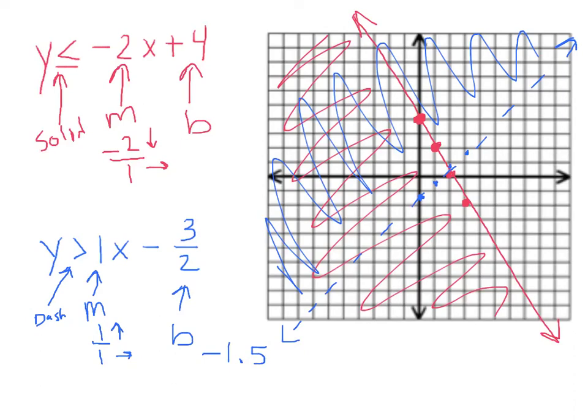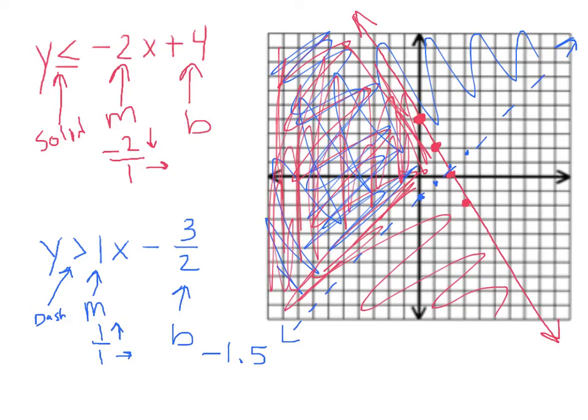Now we have both inequalities graphed on the same graph, which makes it a system since it's two or more, and the solution is anything in the double shaded region. You can see where my red and blue come together, right in here is my double shaded region. Anything inside there is a solution to this system of inequalities.